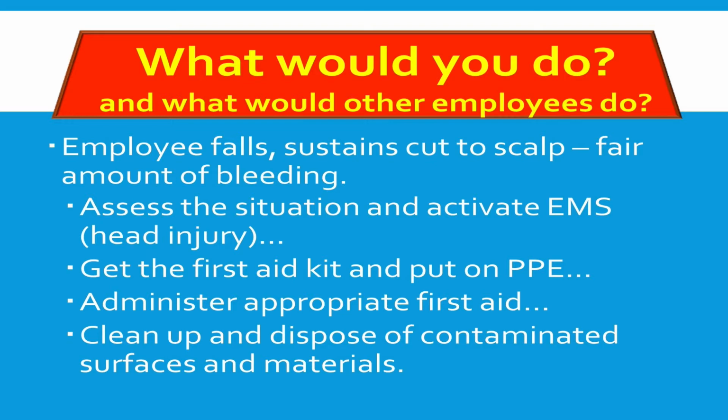Get the first aid kit, and the very first thing you do, always, is put on your personal protective equipment. So what do we mean? We mean gloves. It's important that we put gloves on. It's important that we not touch anyone else's blood. It's important that we make the assumption that every person's blood, no matter how well you know them, is contaminated.